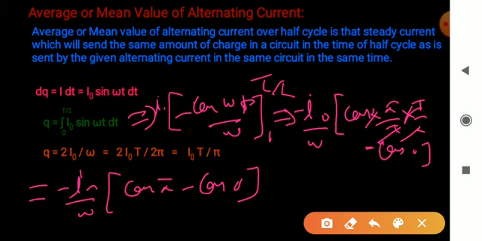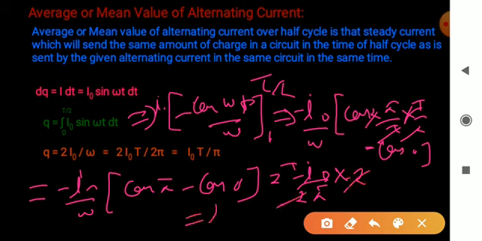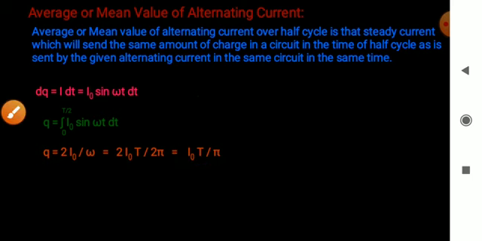Okay, we have cos 0 is 1 and cos pi is minus 1. So we can write minus I naught upon omega, where omega is 2 pi upon T, times minus 2. Okay, 2 and 2 cancel, it will be I naught T upon pi.